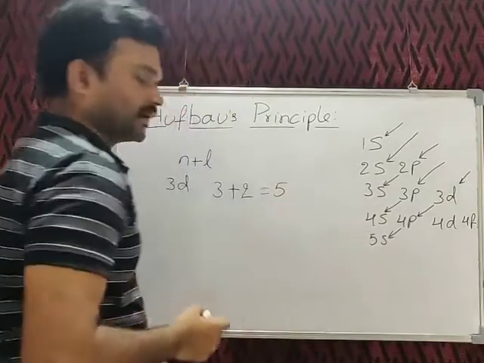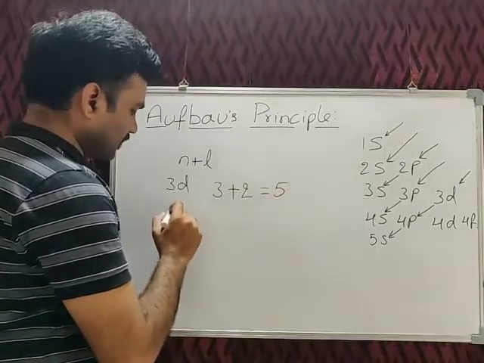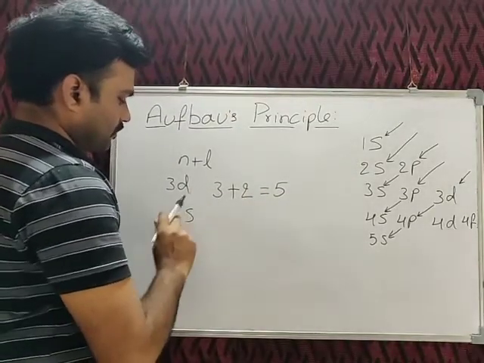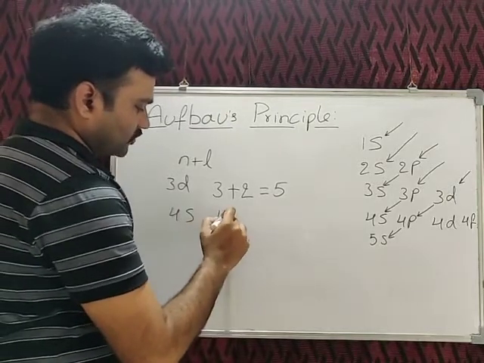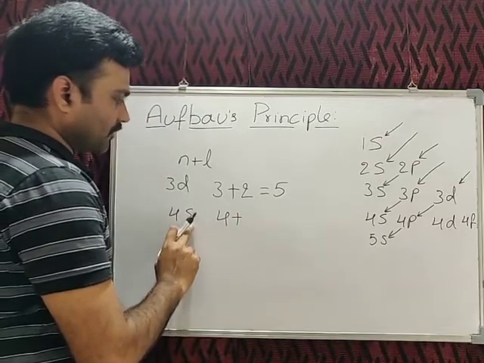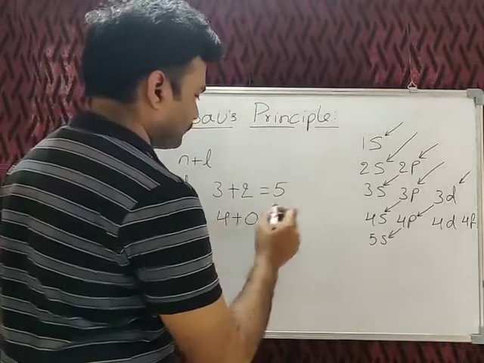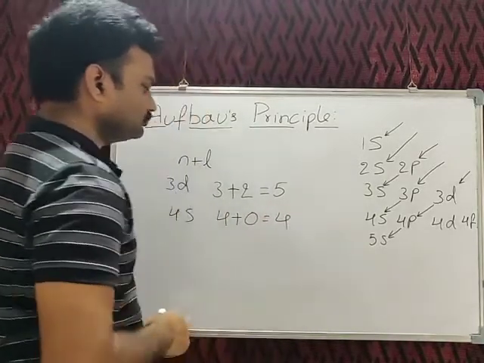Now the total becomes 5. Let us see the n plus l value of 4s now. As you know, the n value is 4 for this, as the principal quantum number is 4, and the azimuthal quantum number, or l value, is 0 for this, as the subshell is s. Now it becomes 4.